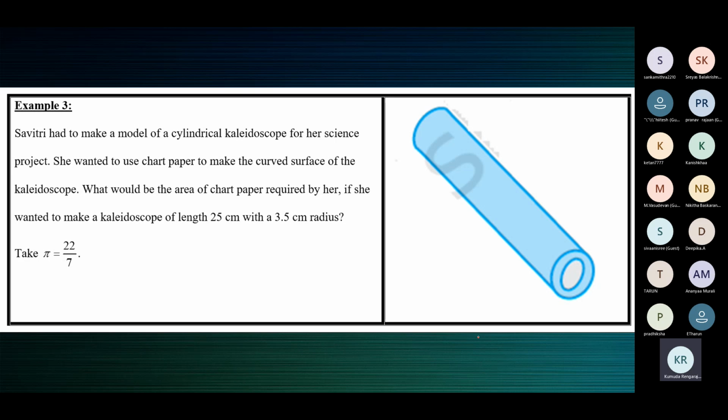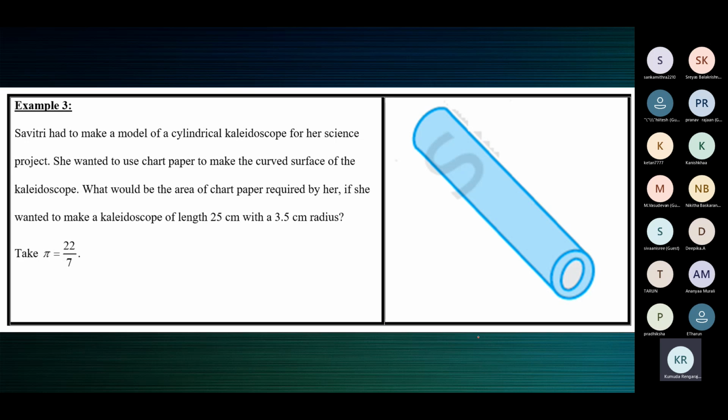She wanted to use chart paper to make the curved surface of the kaleidoscope. Where is she using chart paper? To make the curved surface. It's cylindrical. What would be the area of the chart paper required by her?